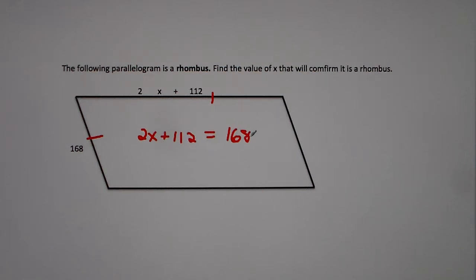We subtract 112 from both sides of the equal sign, and then divide by 2, doing all our inverse operations like we've been doing for a long time. 168 minus 112 gets us 56, and 56 divided by 2 gets us 28. So the answer to this one is x equals 28.